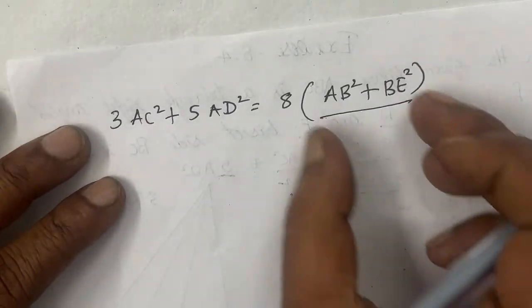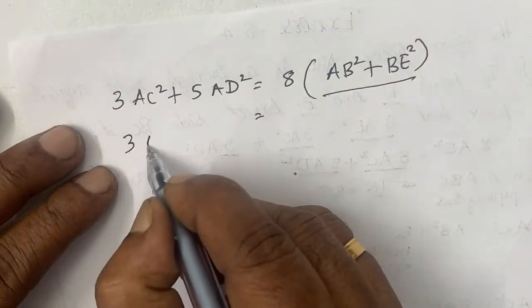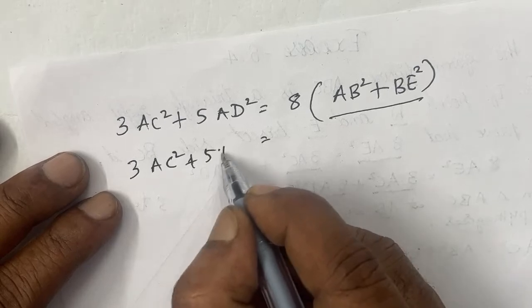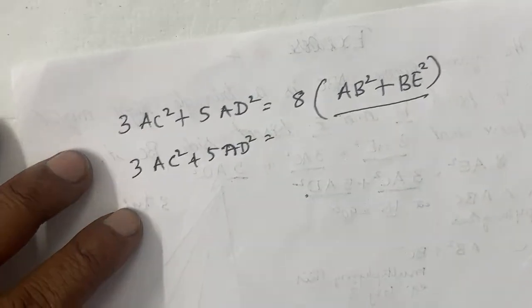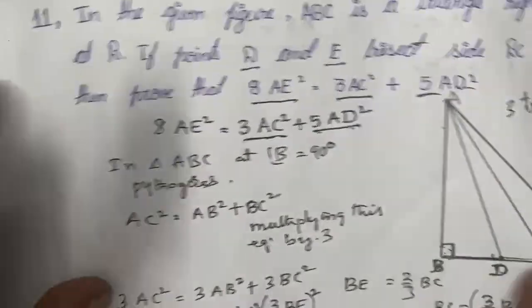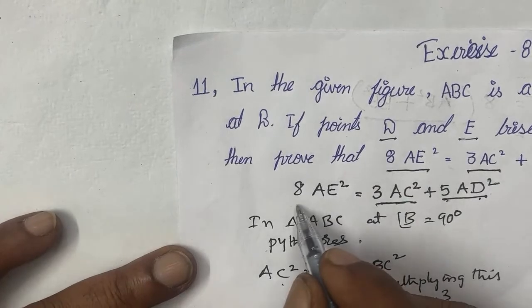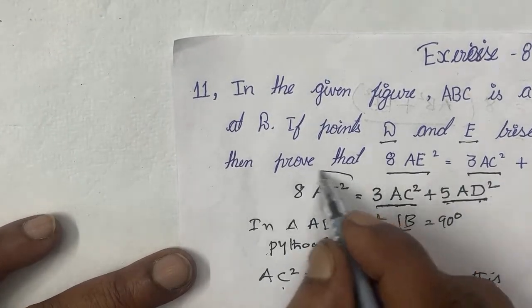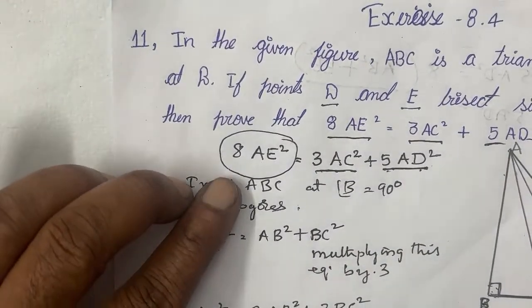You can see here what we are asked to prove in the main equation: 3AC square plus 5AD square is equal to 8AE square. We want the result 8AE square.